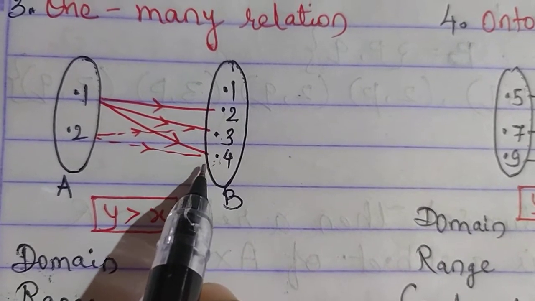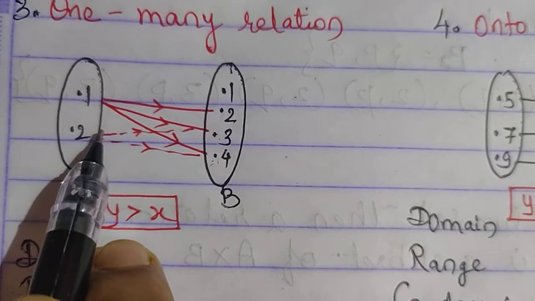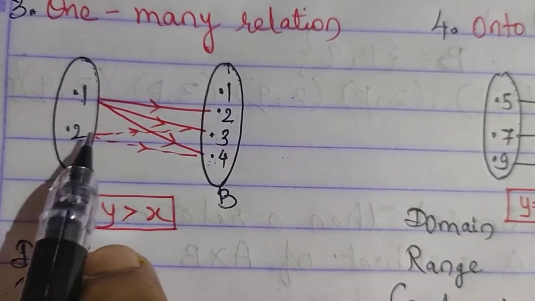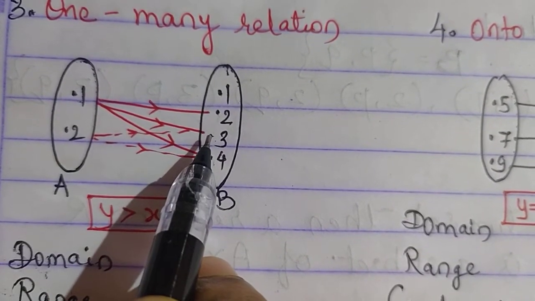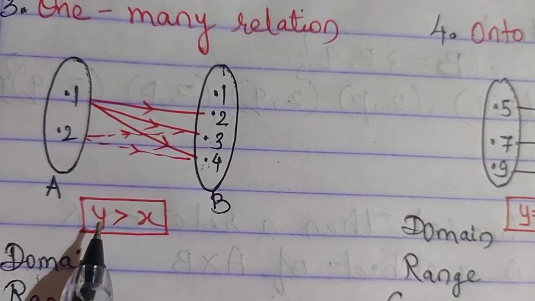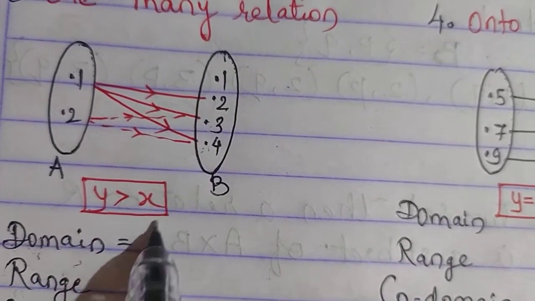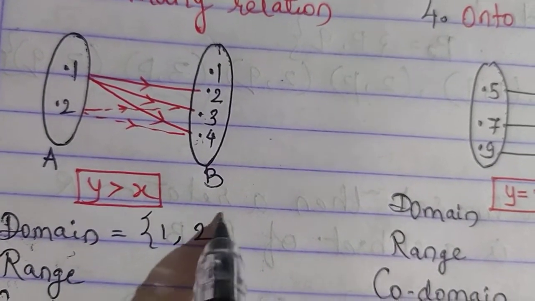These are three images of the one element of set A. Here 2 also has images. The image of 2 is 3 as well as 4. We can generalize the relation as y is greater than x, and here the domain is 1 and 2.